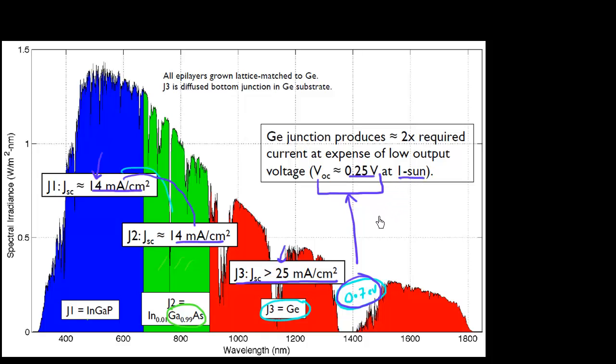And germanium also has other loss mechanisms associated with it. So this germanium, since its band gap is lower, gives me higher current, which I cannot really use, and it gives me low open circuit voltage, which limits the overall open circuit voltage of my cell. In the next video, we'll see some of the ways we can get around this problem.